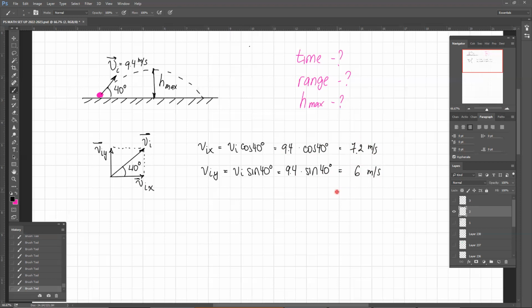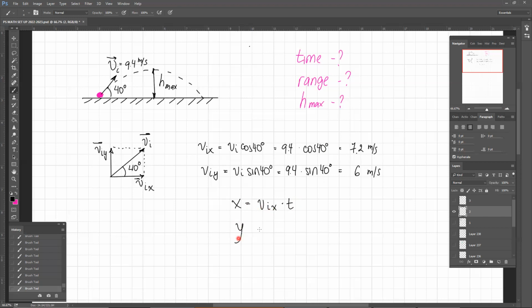Then I go ahead and write my equations of motion. As I mentioned before, horizontal displacement x is v initial x multiplied by time. And you can see there's no acceleration here. It's basically uniform motion.